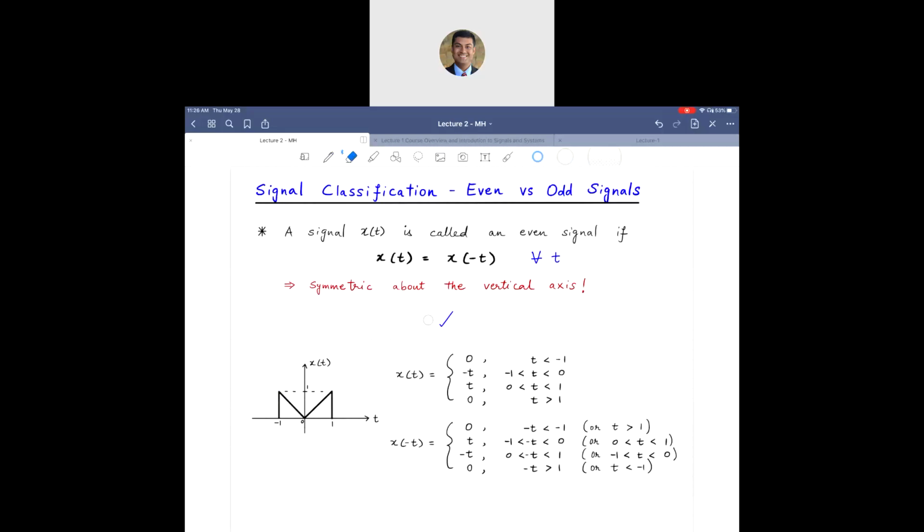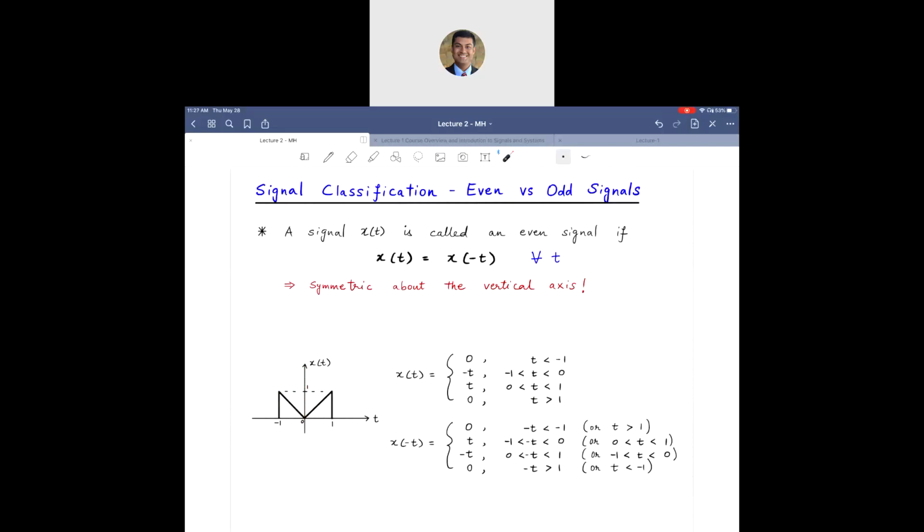In other words, you can sketch the signal, and if it is symmetric about the vertical axis, it is an even signal, such as the one that is shown over here. X of t is an even signal because what is to the right of the vertical axis is the same as to the left of the vertical axis. It is symmetric about the vertical axis. That indicates even symmetry.